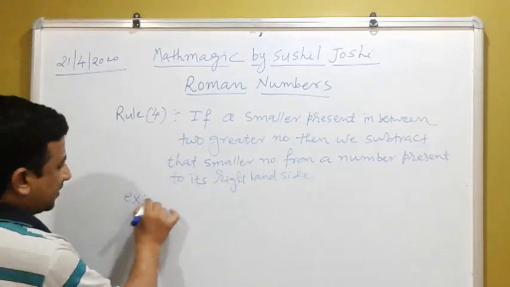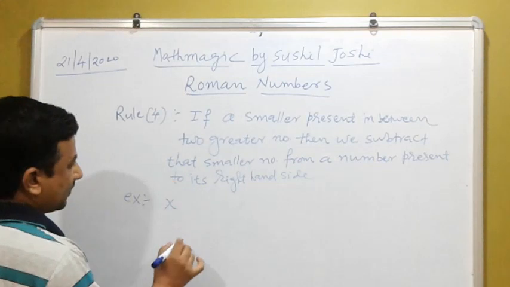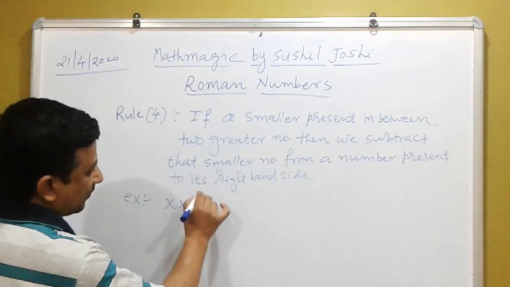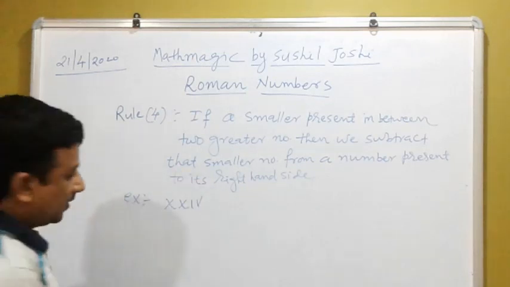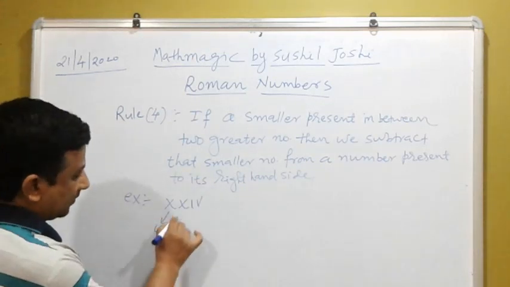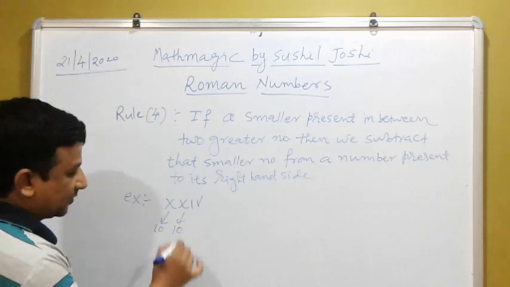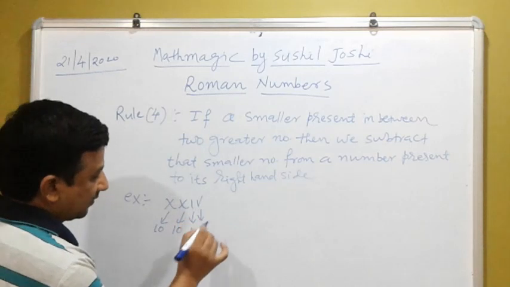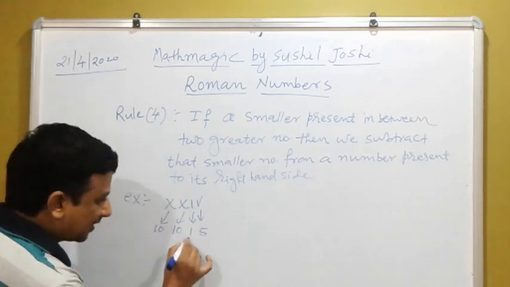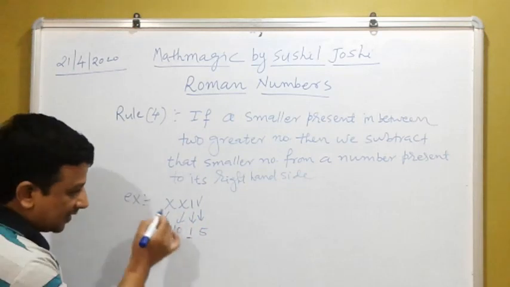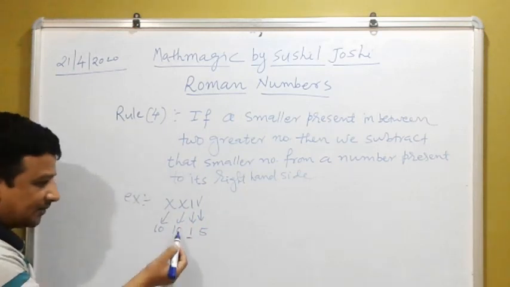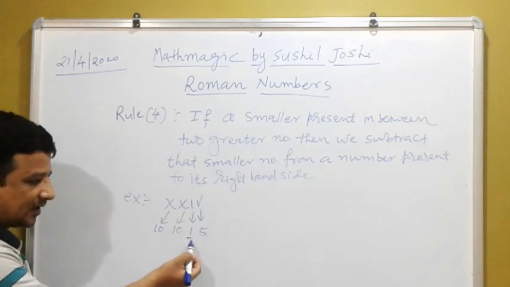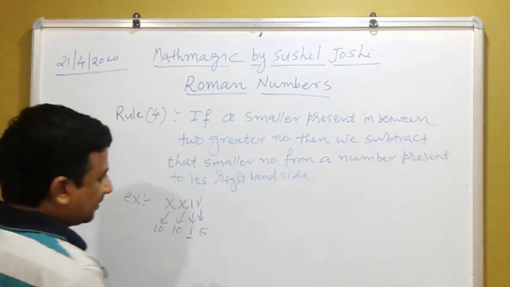For example, suppose XXIV represents 24. Look here. This is 10. This represents 10. XX means 20. This I represents 1 and this V represents 5. A smaller number is present in between two greater numbers. That means 10s are there and 5 is there. 5 and 10 are greater than 1. So what does it mean?